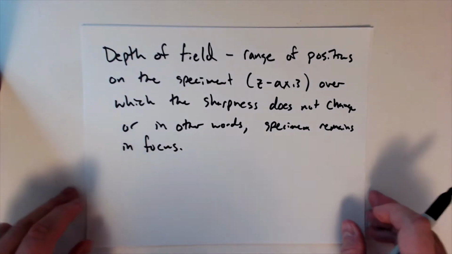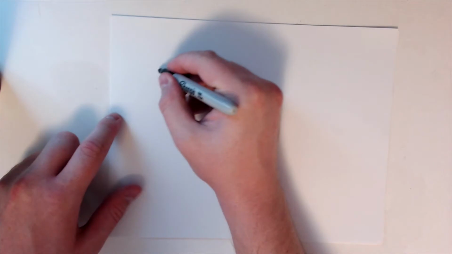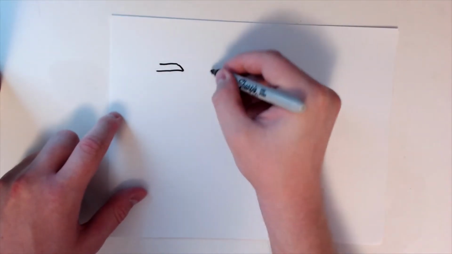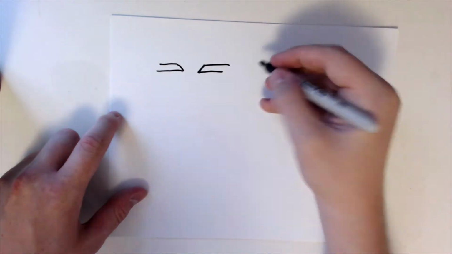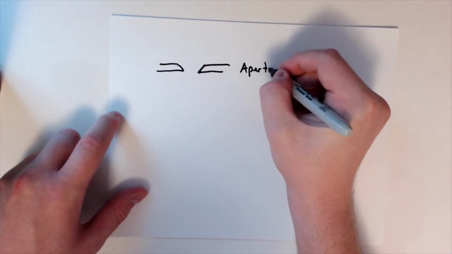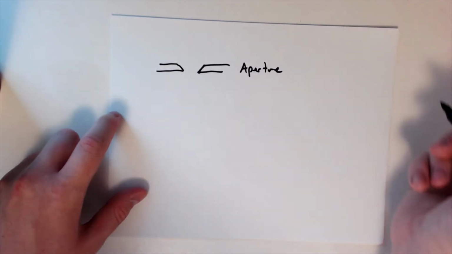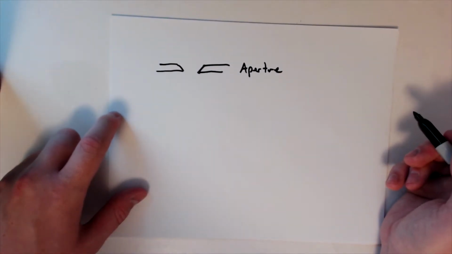All right, let me draw you a sketch of this so you can get a feel for what I'm talking about. I'm going to draw the aperture of the microscope. This is where light's coming out.